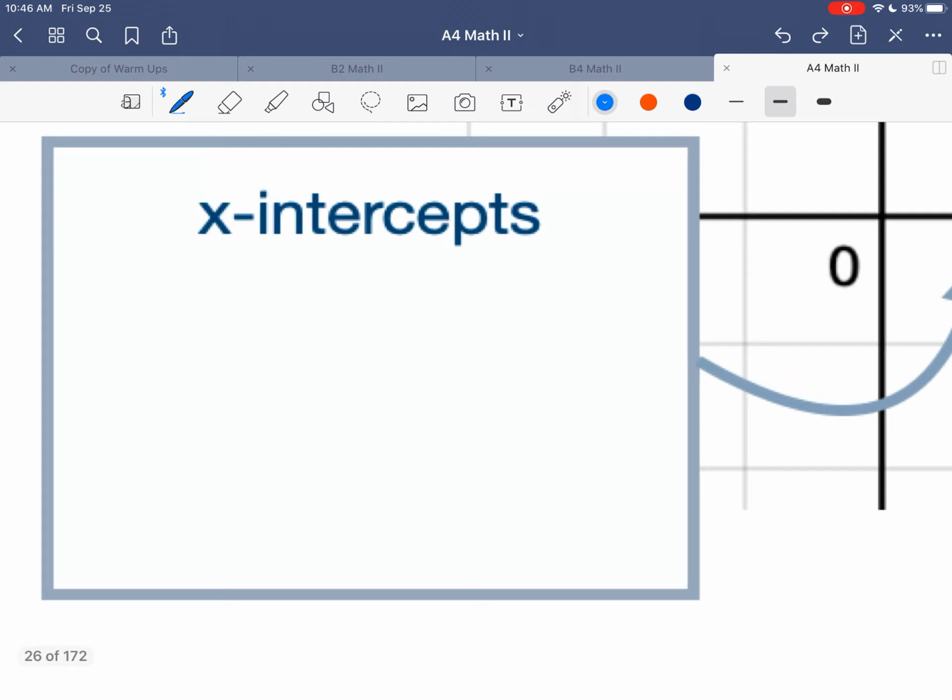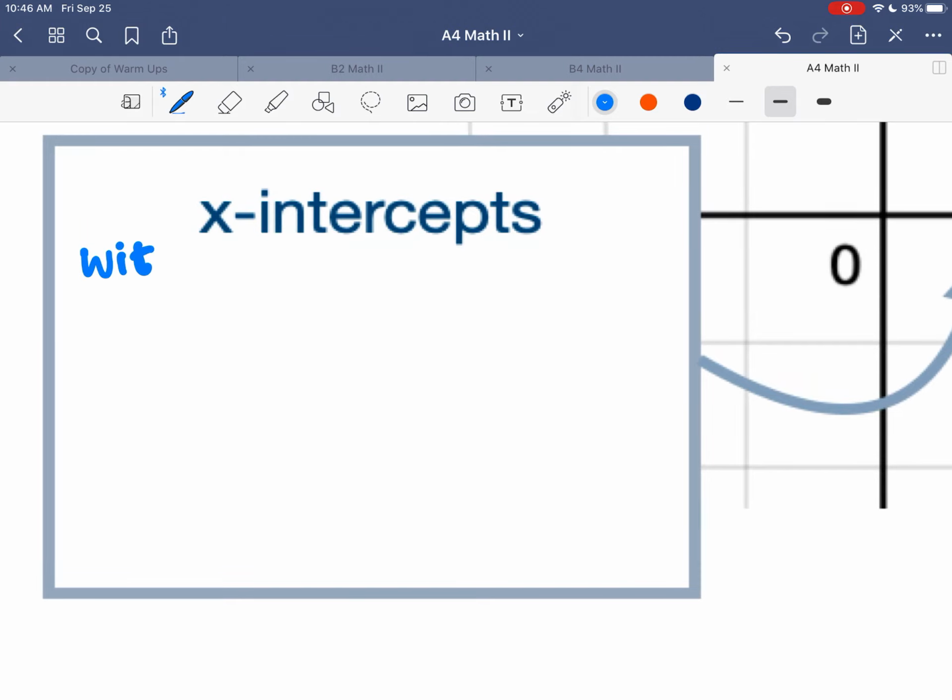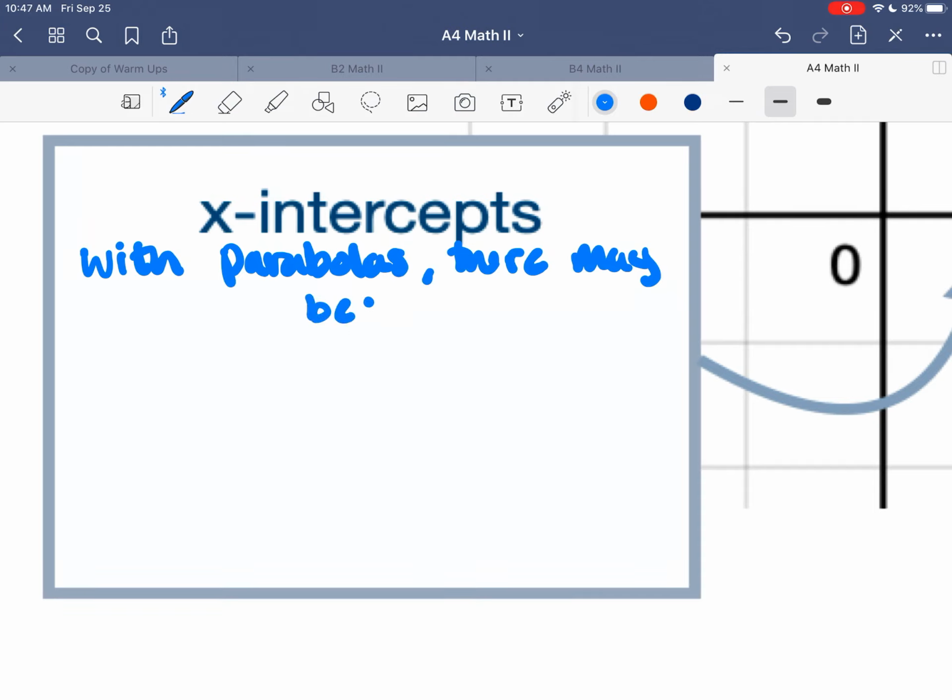Unlike the y-intercept where there's always one, with parabolas there may be 0, and I'm going to draw a teeny little picture of what it looks like when there's 1, 2, or 0, because that super helps me.